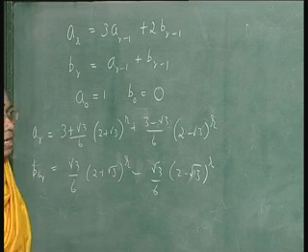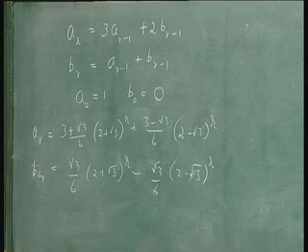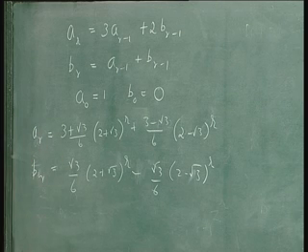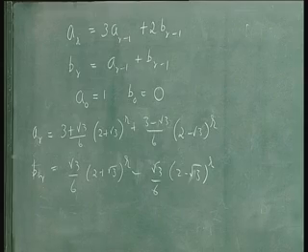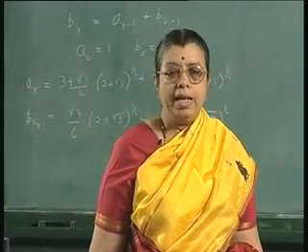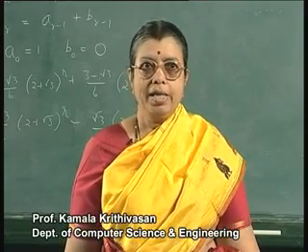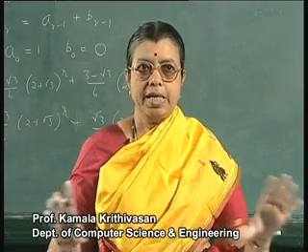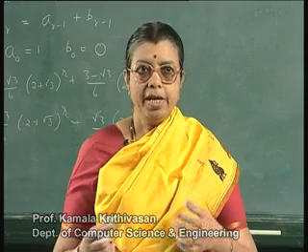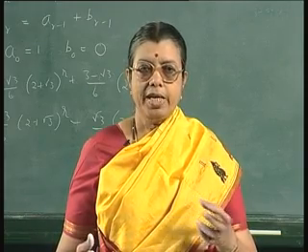So, the method of generating functions comes very handy in solving such simultaneous equations in recurrence relations. In general, these recurrence relations are very useful in analyzing the complexity of an algorithm. Most algorithms, if you have a size of n, it will be divided into 2 problems of size n by 2.